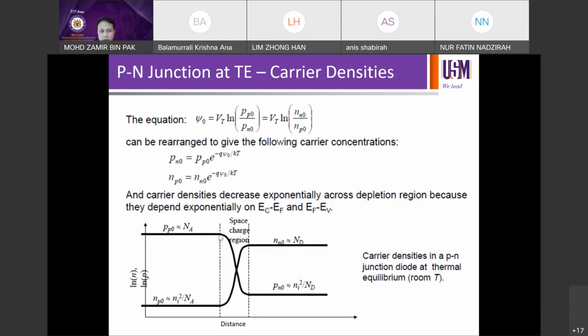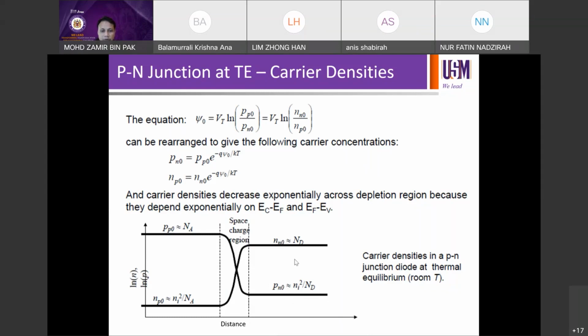The moment the holes cross the junction, you represent this by a drop in the profile. The holes on the right in the N-type are labeled Pn naught, holes in N-type at thermal equilibrium. Holes are now the minority carriers, given by Ni squared over Nd. It is Nd, no longer Na, because now the holes are sitting inside N-type material.